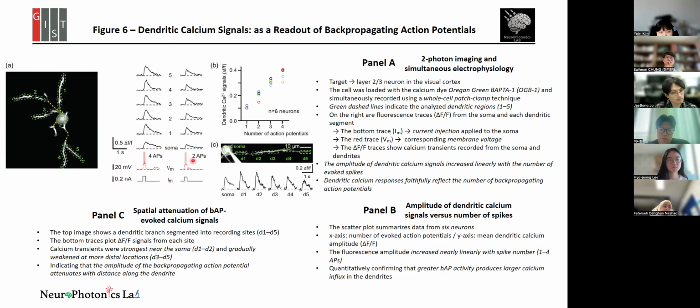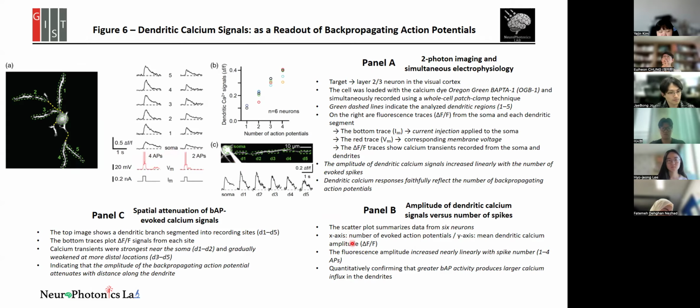The amplitude of dendritic calcium signals increased linearly with the number of evoked spikes, and dendritic calcium responses faithfully reflect the number of backpropagating action potentials.